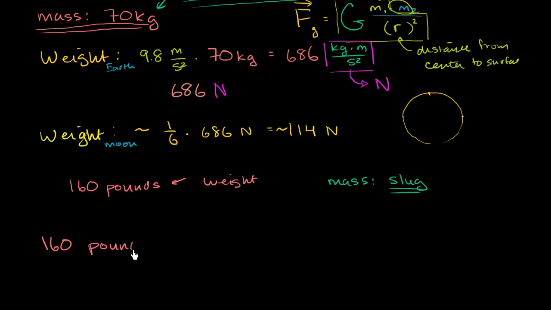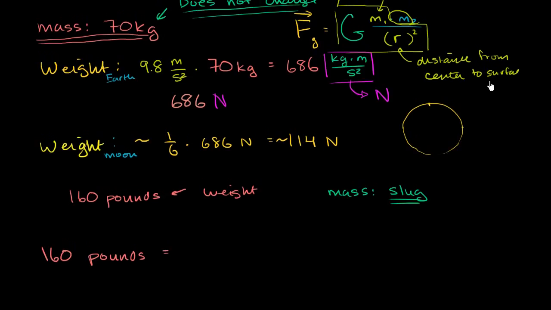This is going to be equal to the force of gravity on the surface of Earth, but in imperial units, instead of 9.8 meters per second squared, you would get 32 feet per second squared, which is also the acceleration near the surface of the Earth due to gravity in feet and seconds, as opposed to meters and seconds. And then this is times your mass.